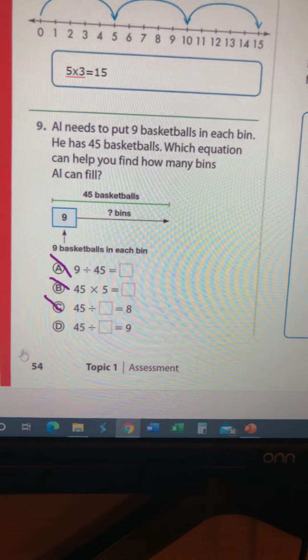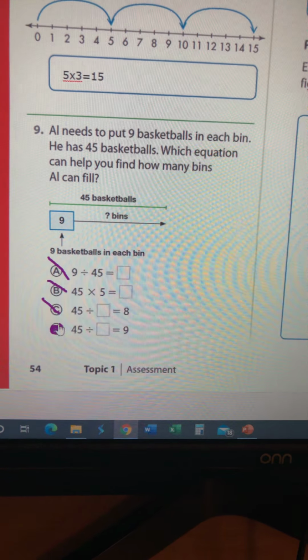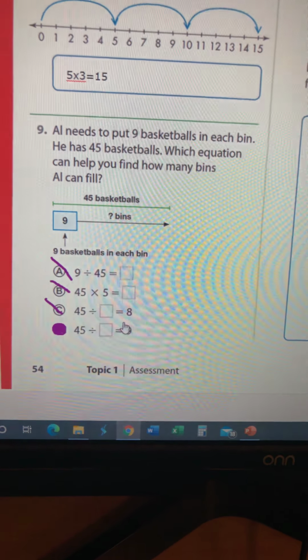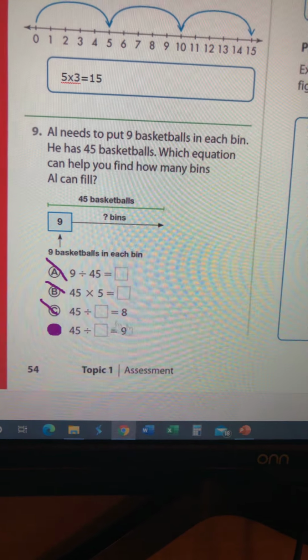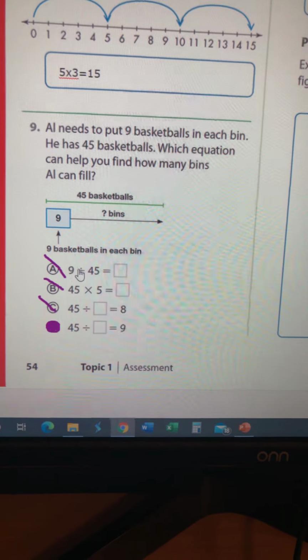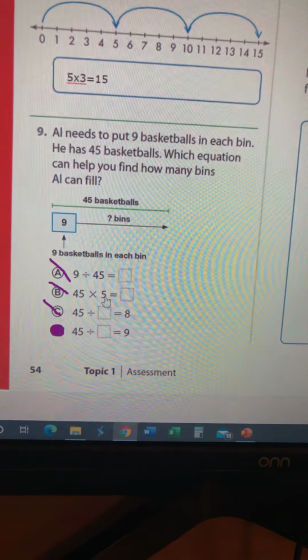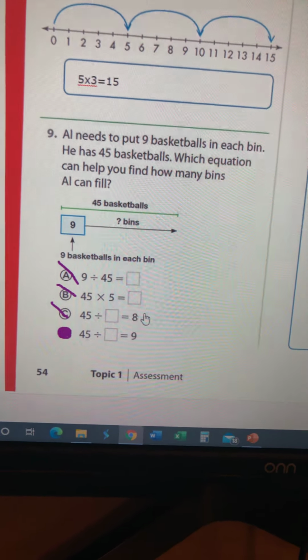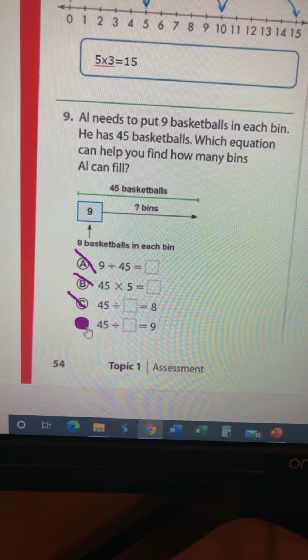That is correct. Okay, because that is one of the pieces. And we could take that 9 and he can be here or here. Okay, he could be in either spot. But we're not dividing 9 into 45 little pieces. We're not multiplying by 45. We don't have an 8 anywhere. So this is the only one that it could be.